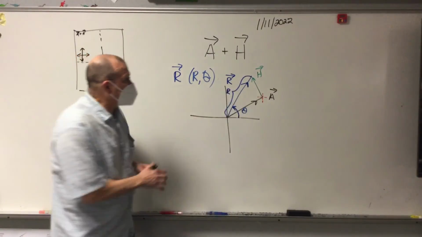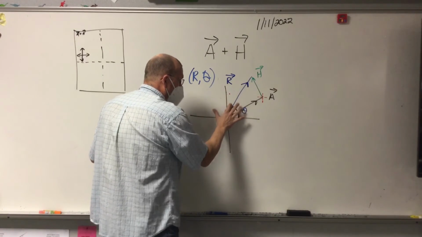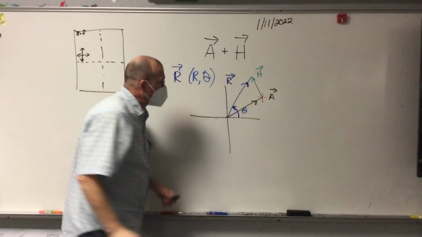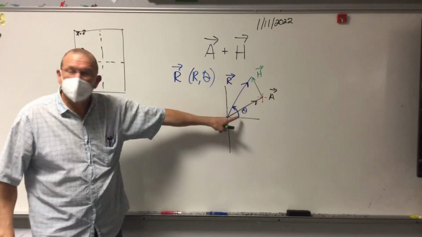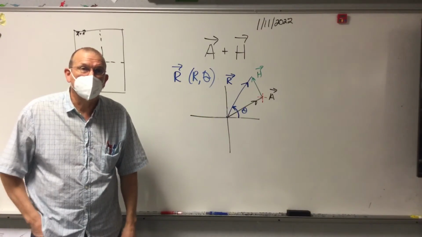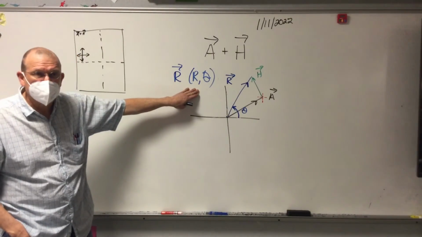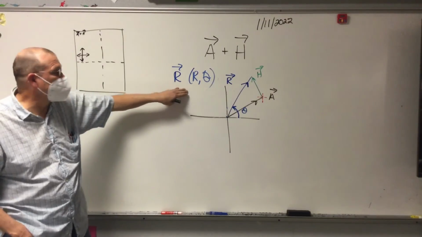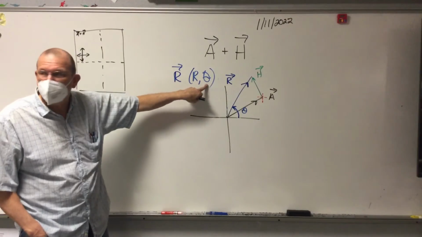I do want to see the R labeled. That'll be in every one of your pictures, but you don't have to do that little bracket thing. You just need to label R, and I do want you to point to where you're measuring this angle from so that I can see that in the picture. And then off on the side, you will have your exact measured values listed for R, with this being the length of it and this being the angle.